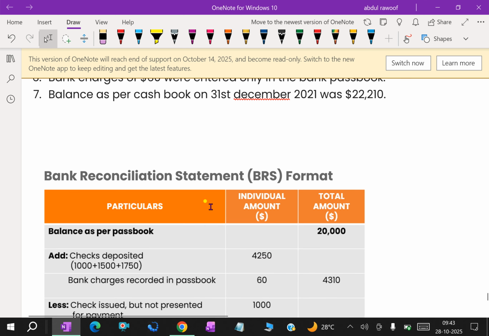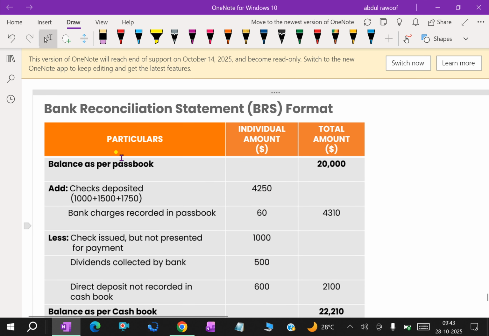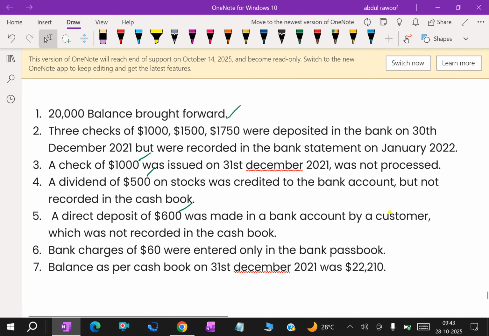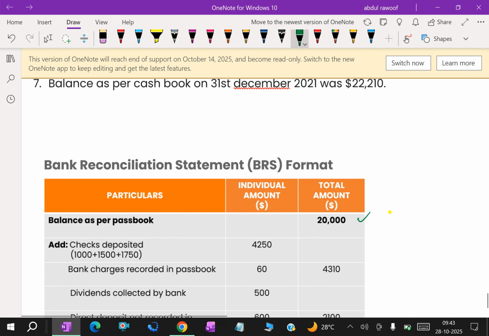Look at this. Bank reconciliation statement, BRS format. Look at the particulars, individual amount rupees and total amount. Look first, balance as per passbook. This is 20,000 balance per passbook, but that is the balance brought forward. Next, look at this.